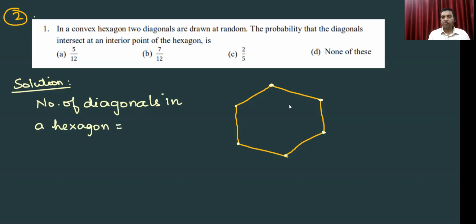There are 6 points, 6 vertices. Take any two and join them, you will get a line. So this will be 6C2 minus 6 sides, because if the 2 points chosen are adjacent vertices, they'll form a side of the hexagon, they'll not form a diagonal.